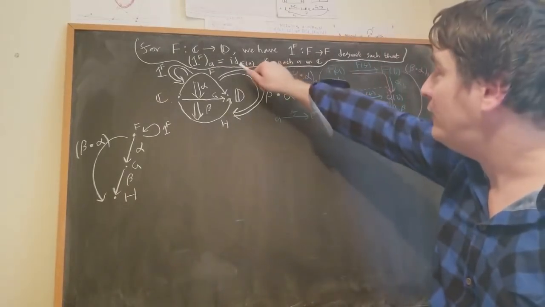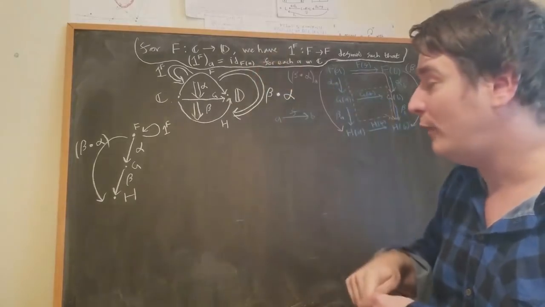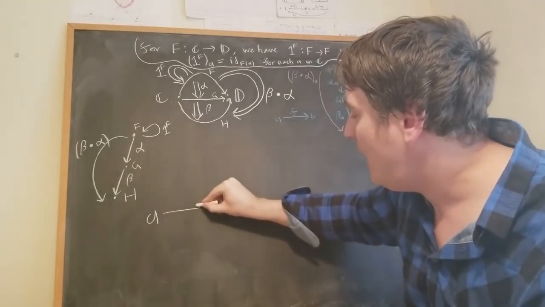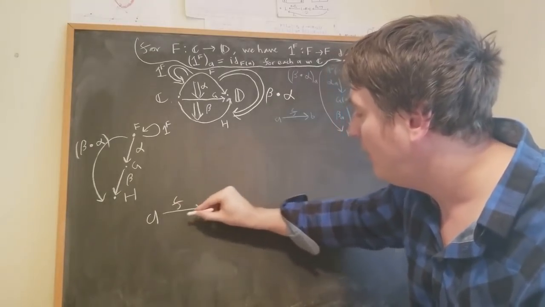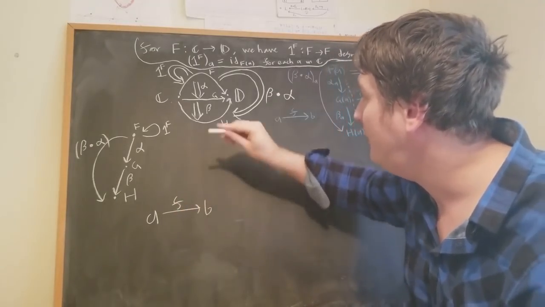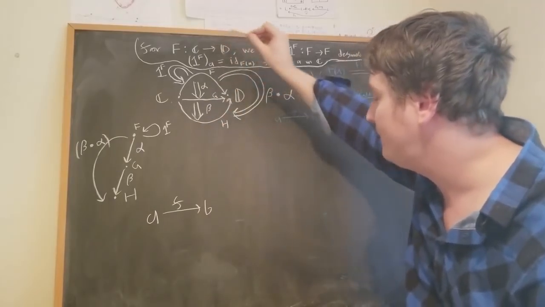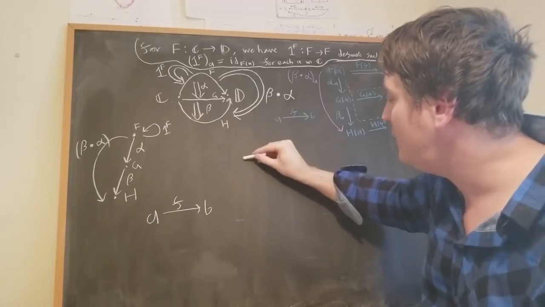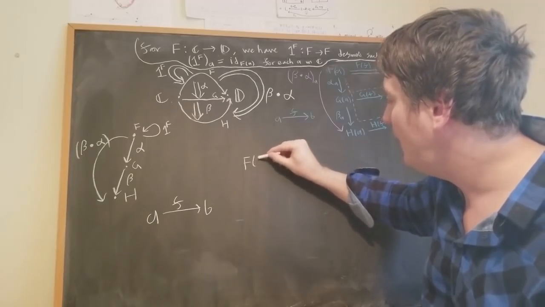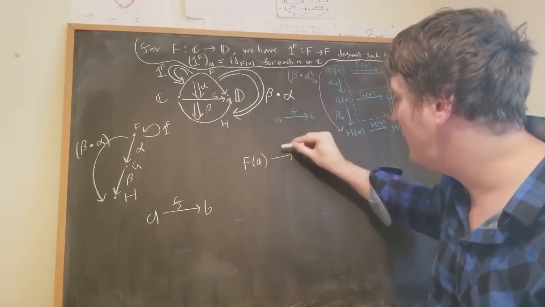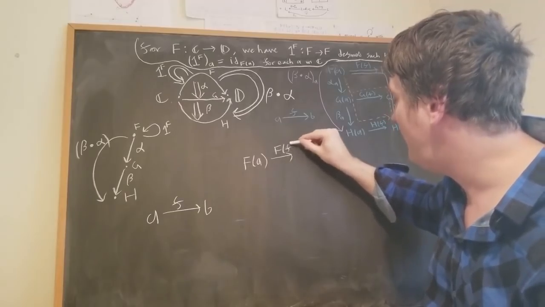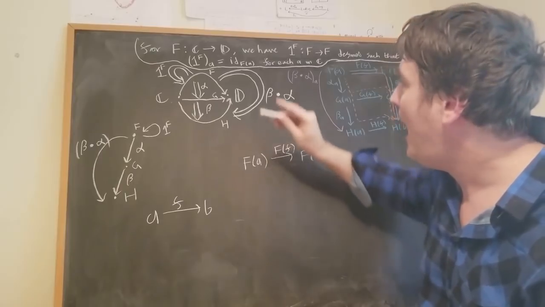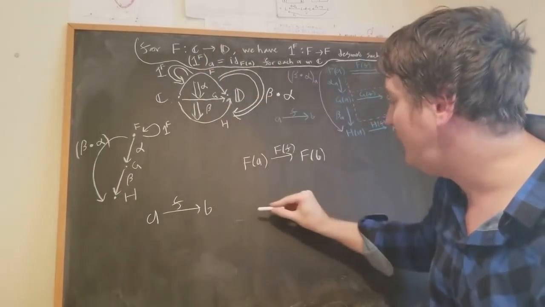So let's just check that this is indeed a natural transformation. So we'll consider an arrow f from A to B in this category C here. Now under F, this is going to get sent to F of A, F of f, F of B, and under another copy of F we'll get the same thing.